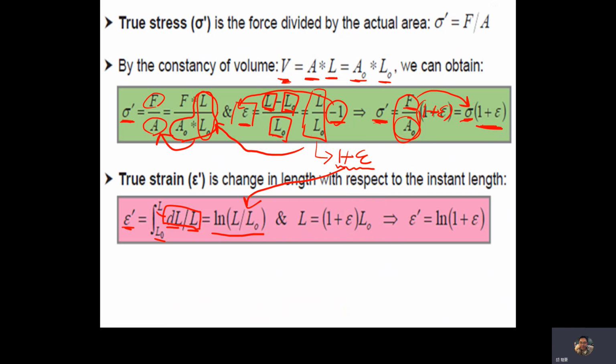Therefore, we can get the relation that the instantaneous length equals 1 plus epsilon times L naught, right? Therefore, we can find the relation between the true strain and the engineering strain.